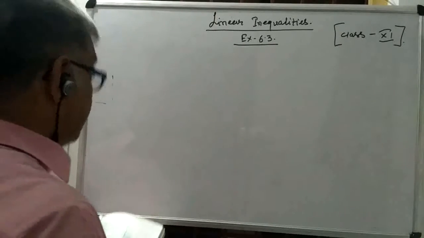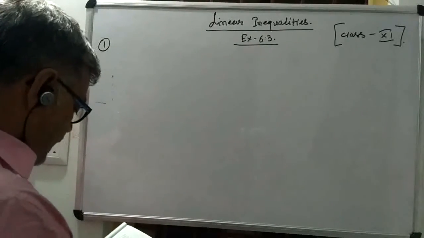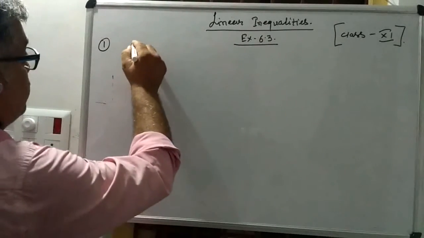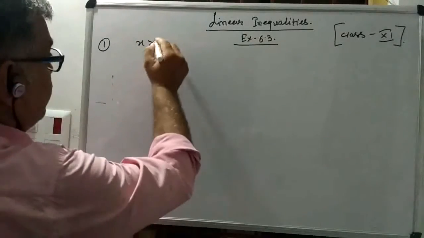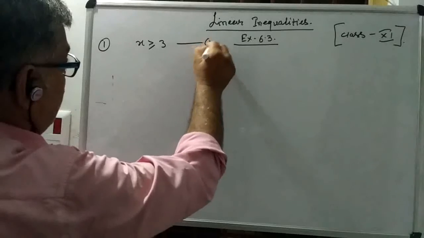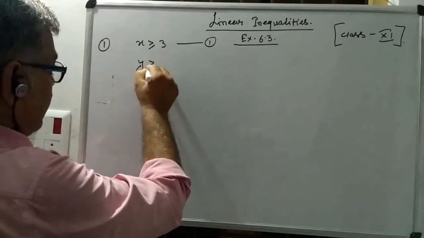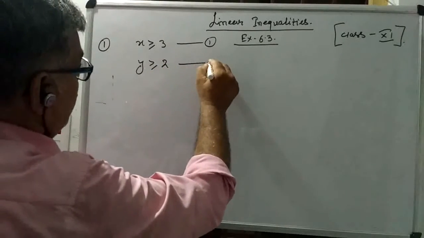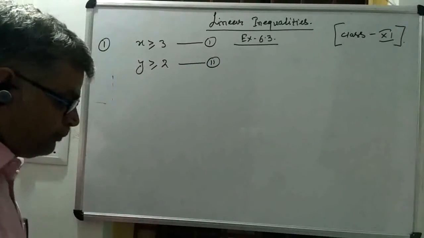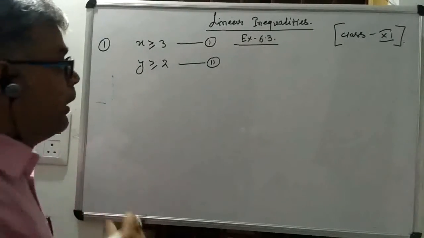Take exercise 6.3 question number 1. The first inequality is x is greater than or equal to 3, and y is greater than or equal to 2 is our second inequality. In one question you are seeing that there are two inequalities.